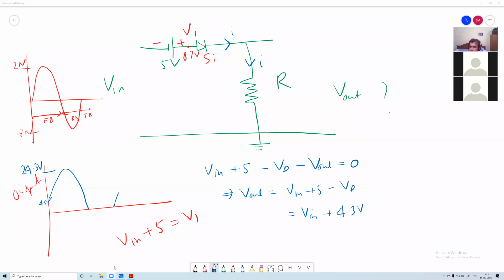Sorry, I forgot to bring this down. Now is it okay? Okay. So any doubts about the question? Anything? The waveform? No. Fine. So now why don't you give me a question? Output is this one. This is the output.